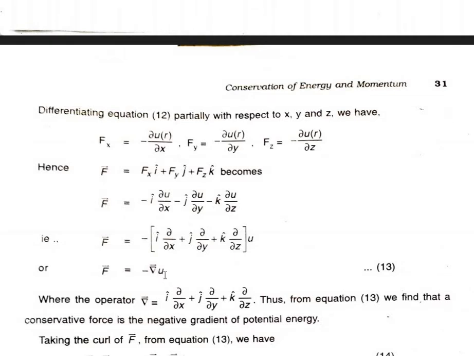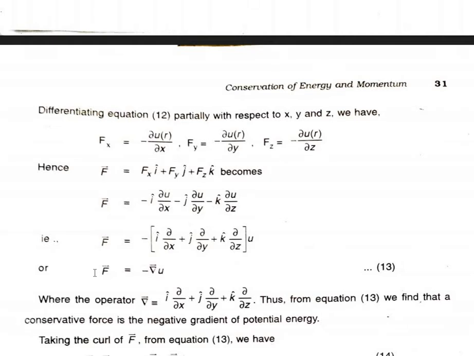Here U is a scalar quantity, but when the del operator acts on a scalar quantity, you get a vector quantity. Force is a vector and U is a scalar. So del U is known as the gradient of potential.